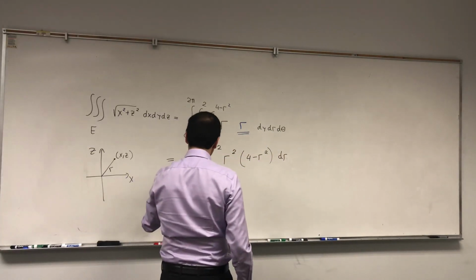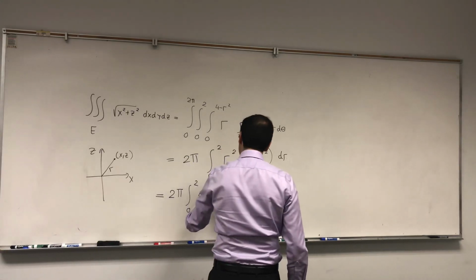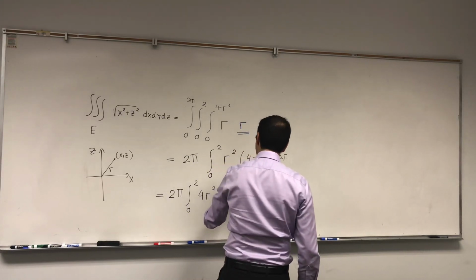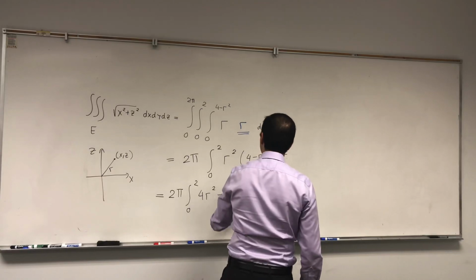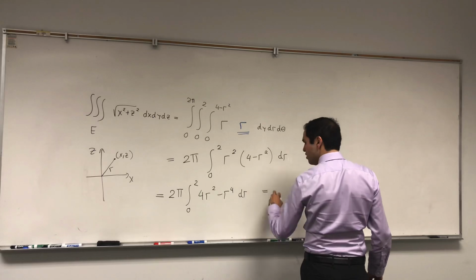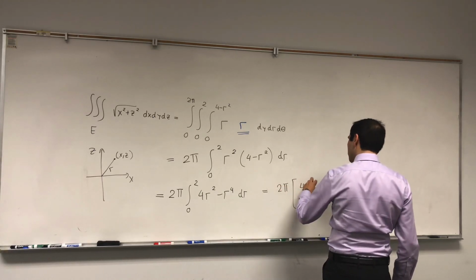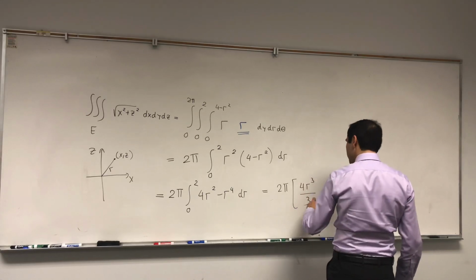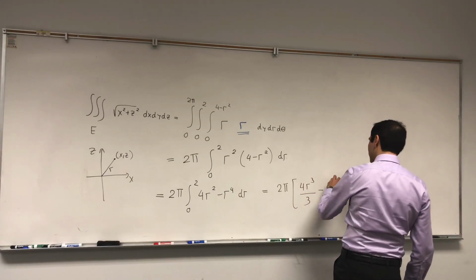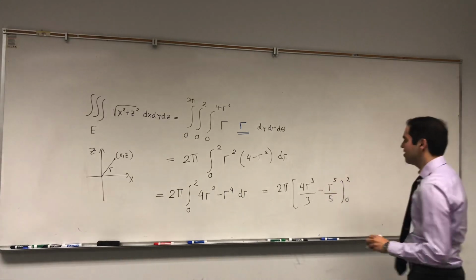So 2 pi times the integral from 0 to 2 of 4r squared minus r to the 4th dr. And then you do this, so it's 2 pi times 4r cubed over 3 minus r to the 5th over 5 from 0 to 2.